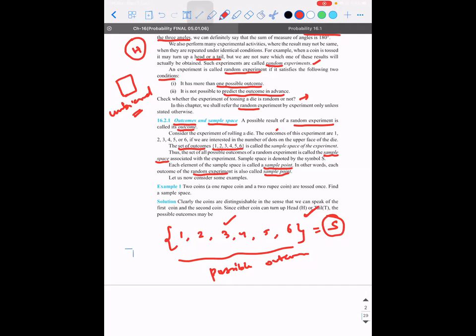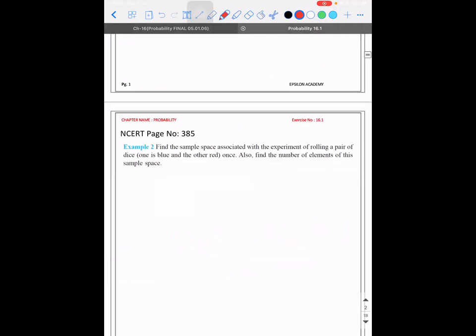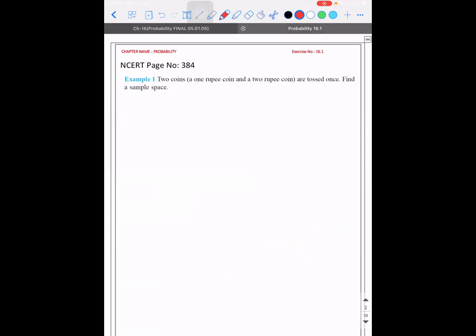So our first work is to understand how to write the sample space for different kinds of experiments that we have. Suppose the example one that is there, you have 2 coins, a 1 rupee coin and a 2 rupee coin, are tossed once. If I say find the sample space, what are you going to see?